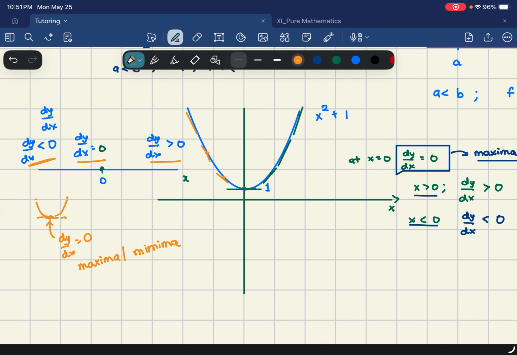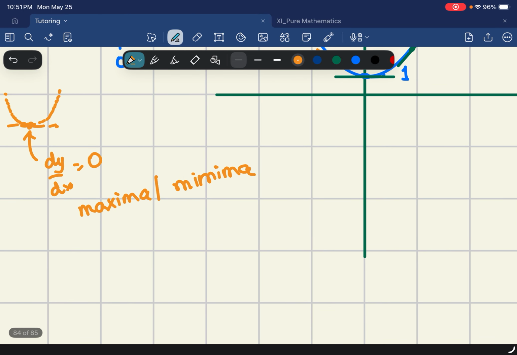I hope that makes intuitive sense. So it can work the other way around. Your function is increasing, your gradient is positive, and then it becomes 0, the tangent line has a 0 gradient, and then your tangent line has a negative gradient here. Here is 0, here it's positive, here it's negative. So this is a maxima, this is a minima. Alright, so that is the idea I wanted to give you.